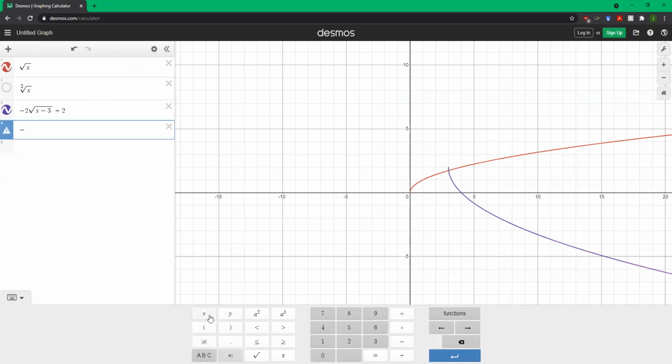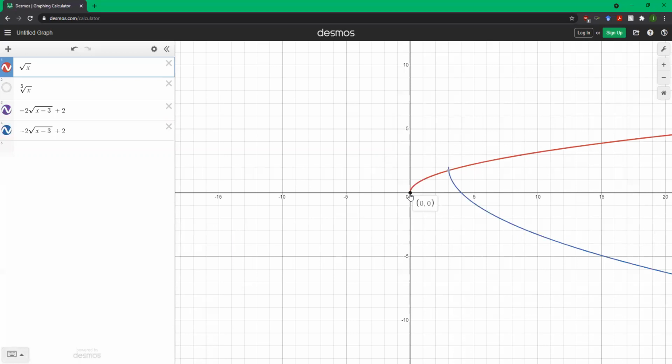This is the first thing we did: we reflected it, and then I stretched it, so I made that a 2. Then I moved it to the right, so -3 on the inside. And then we moved it up. Oops, I have to take this out of the radical. Plus 2. And that's how we got that function. So that's where this point ended up, all over here.